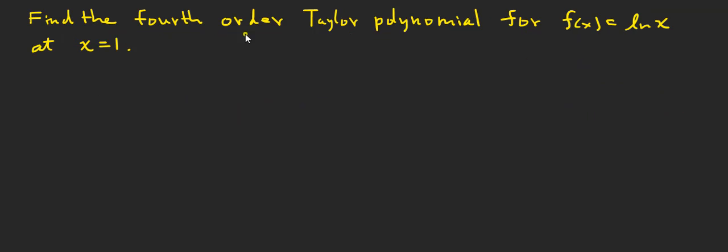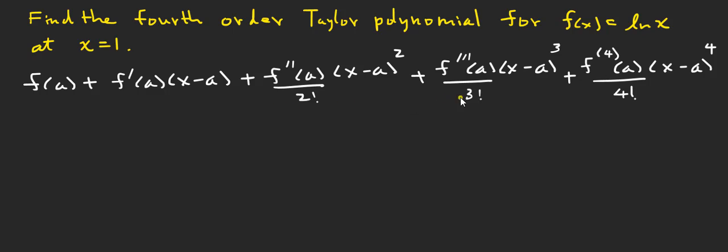It says find the fourth order Taylor polynomial for f of x equals natural log of x at x equals 1. So now our a is not 0, it's 1. So we have our Taylor series up to when n equals 4. Now we've got to find the fourth derivative of natural log of x. So f of x is natural log of x.